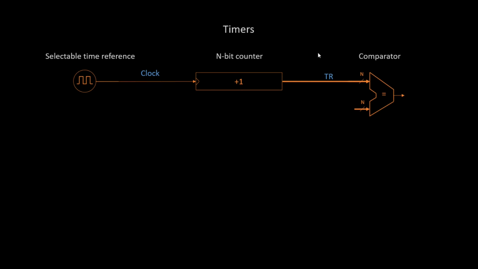And the value that we're counting on the timer register, we always compare to a certain threshold, which is a number within the range of the n-bit counter. Whenever the timer register is equal to the threshold, the output value of the comparator will be equal to 1.